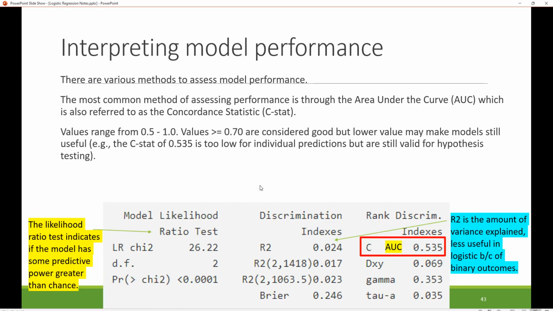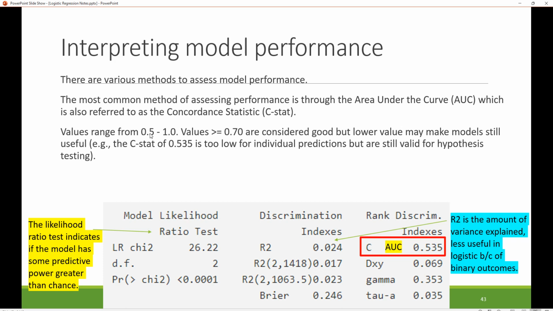And here's how we can interpret model performance. There are various methods to assess model performance. The most common method is the area under the curve, which is also referred to as a concordance or C statistic. And this is in this gray output at the bottom, on the right-hand side.